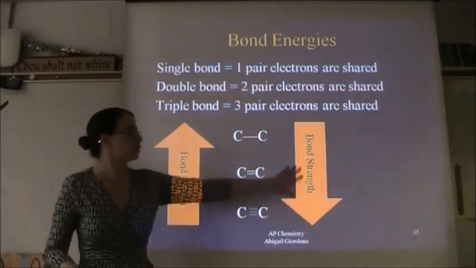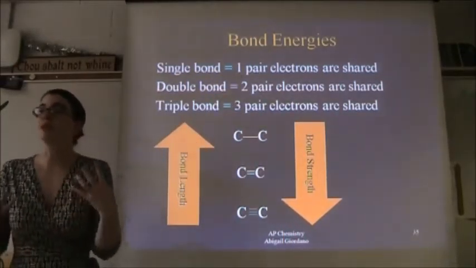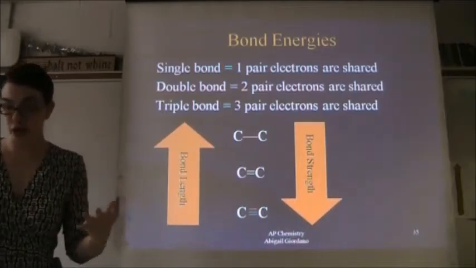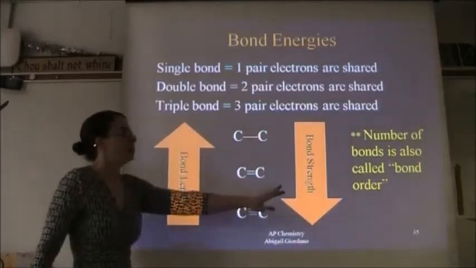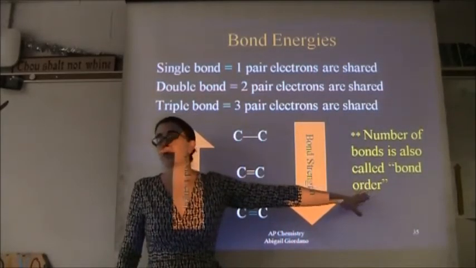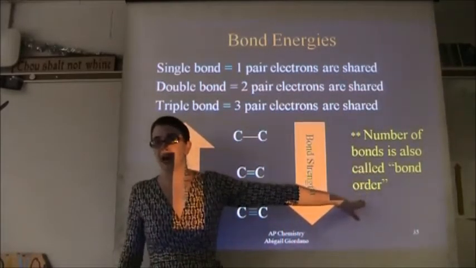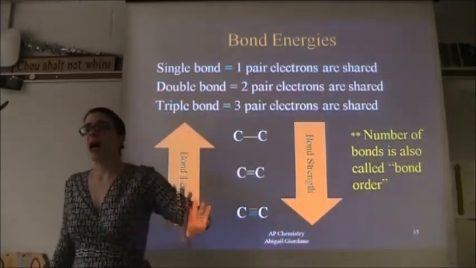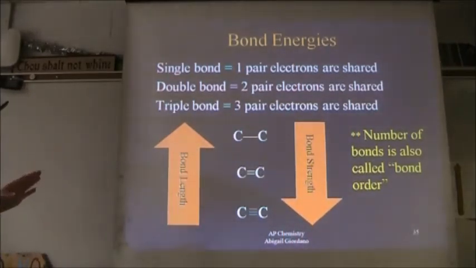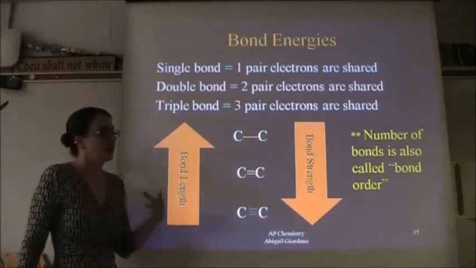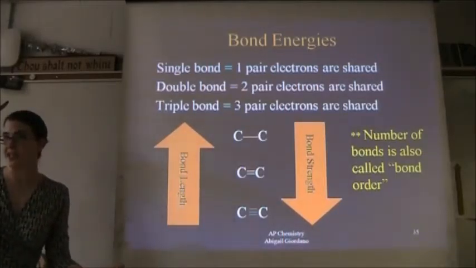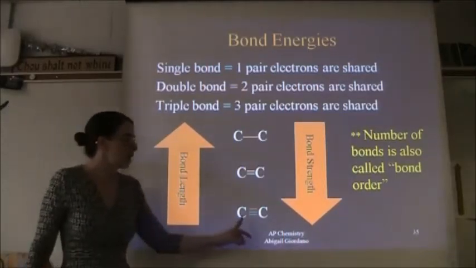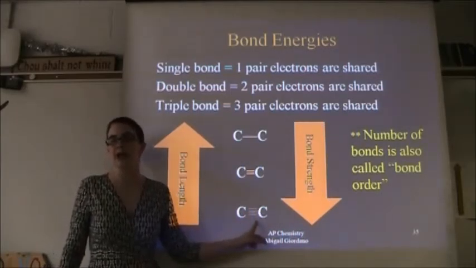And since we're talking about strength, let's put some numbers to this. The energy, okay? This is a term that is really important for you guys to know. Write it down. Bond order. It's not a word I'm going to use a lot today, but it is going to come in handy later on down the road. In AP Chem, because we're very fancy, sometimes I'll call this a triple bond.